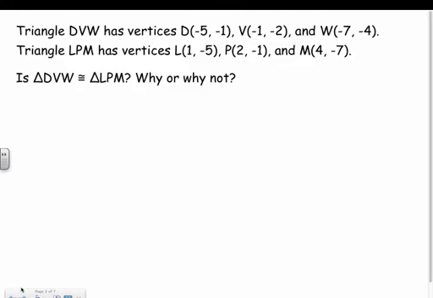So it gives me 2 triangles, triangle DVW and triangle LPM, gives me their vertices, and asks me, are they congruent? Well, one way I can figure out if they're congruent is side, side, side, if I have 3 sides congruent to another 3 sides. So what do you think I would have to do there? Yeah, I'm going to have to actually find the distance of each side.